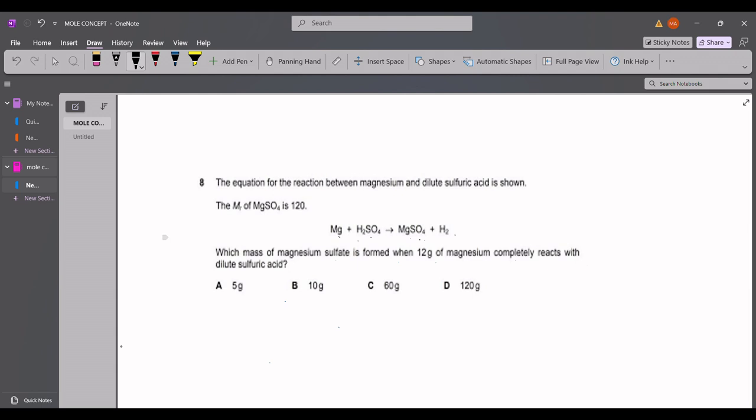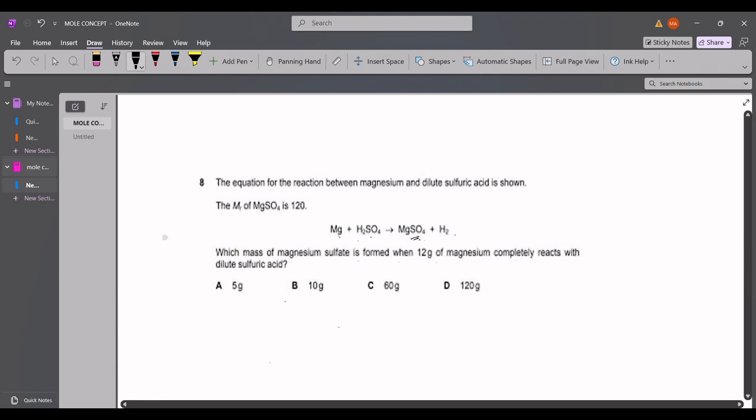Which mass of magnesium sulfate is formed when 12 grams of magnesium completely reacts with dilute sulfuric acid? It is completely reacting, so we don't have to consider the mass of H2SO4. The mass of magnesium sulfate is given as 120, and magnesium, you know, is 24.